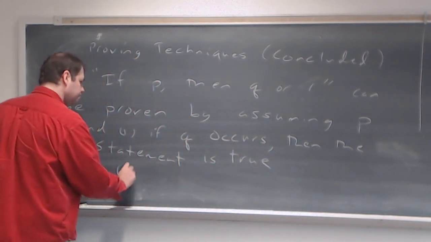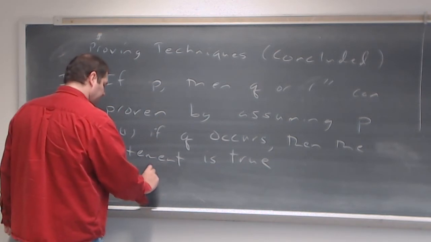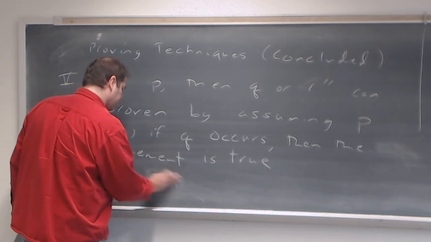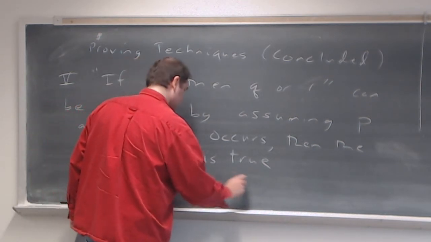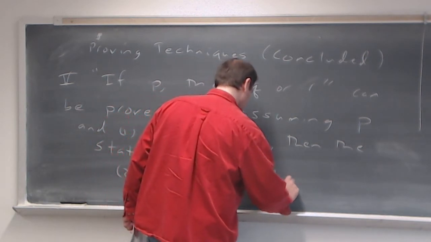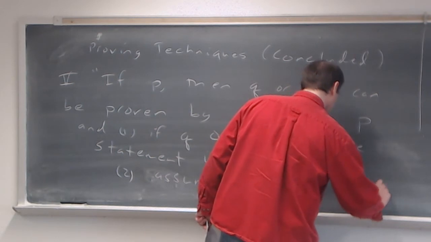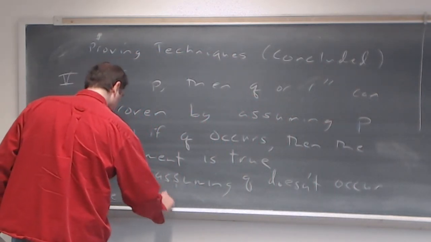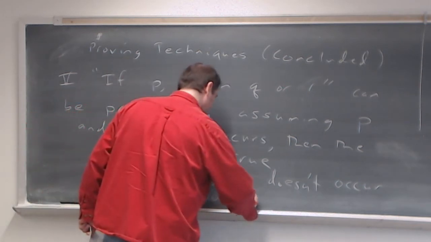And number two, the only other option is if, assuming Q doesn't occur, we must prove R occurs.